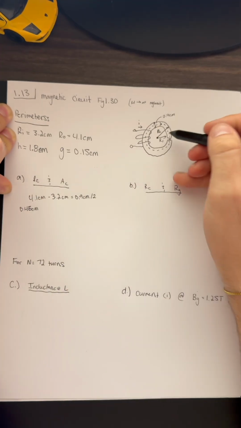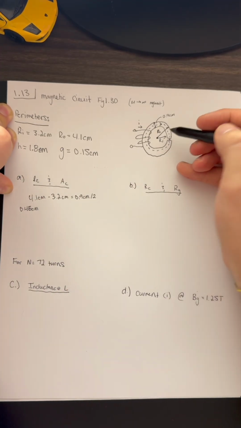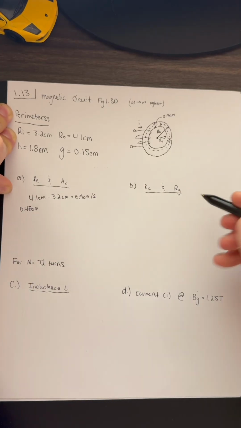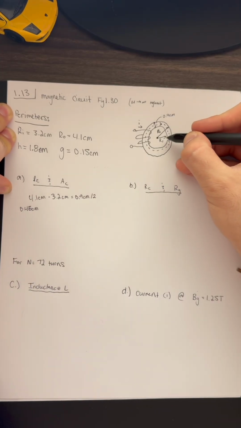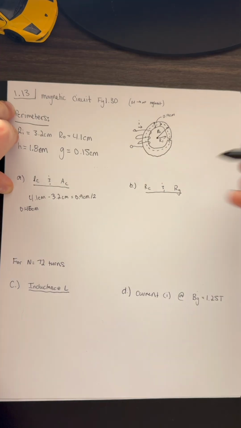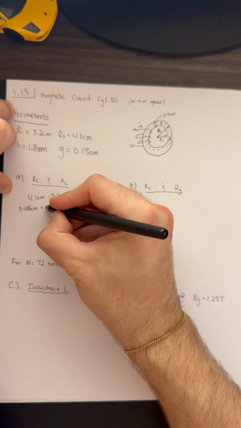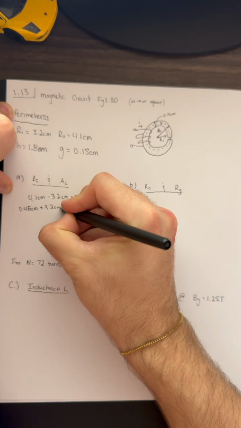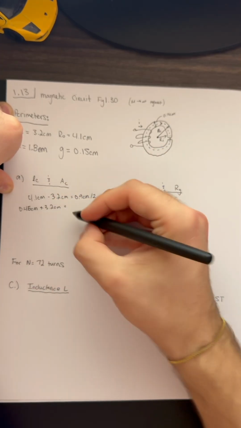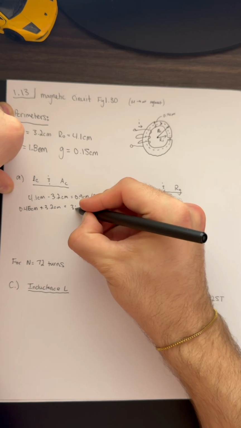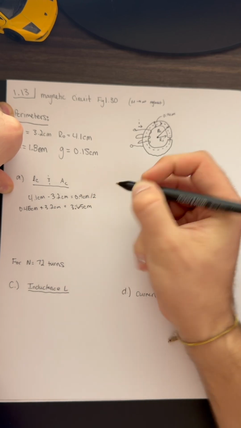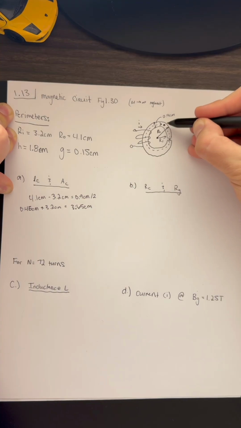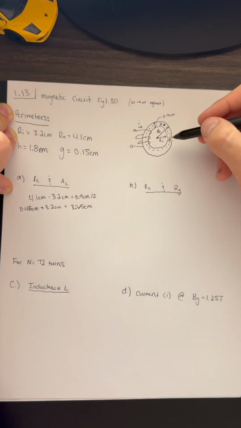centimeters. Now from the center is going to be the circumference of that middle portion, right? So if we take Ri, which is 3.2 centimeters, and add 0.45, this is going to be equal to 3.65 centimeters, which is going to be the radius from the center point to this dotted line that we're trying to calculate the circumference of.